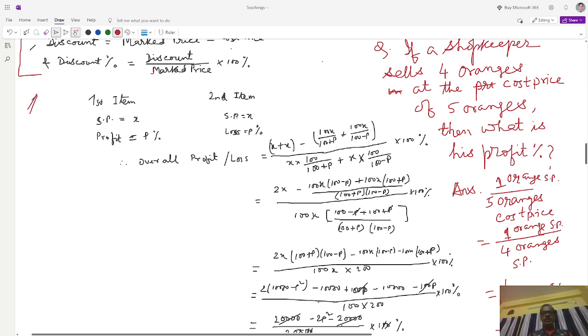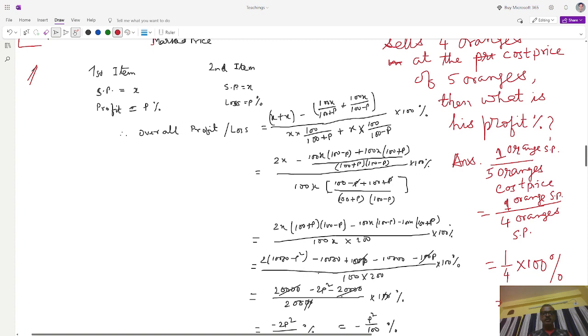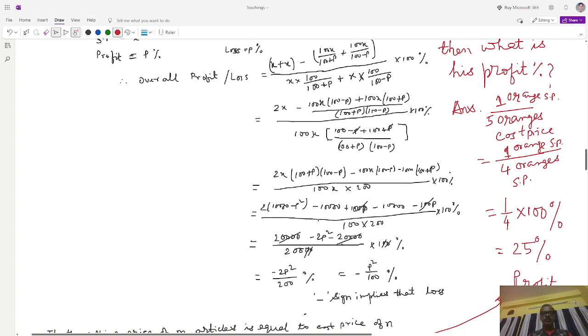Total profit or loss divided by total cost price into 100%. This is the percentage of profit or loss. If we simplify this expression step by step, then we will finally get minus P square by 100%. Minus sign implies that this dealing is in loss.